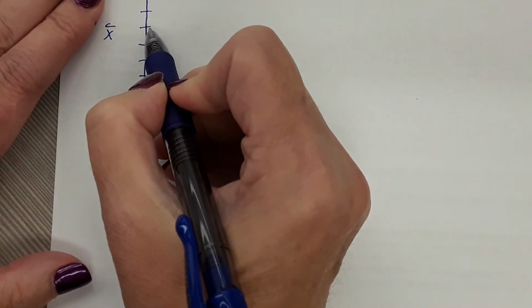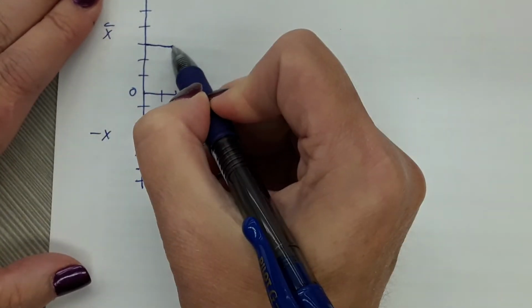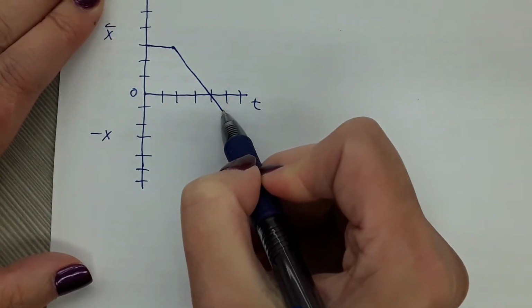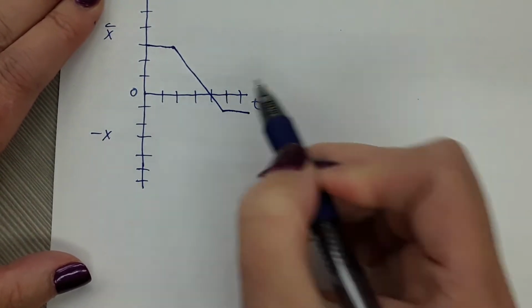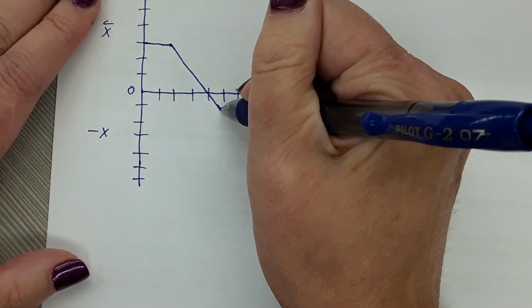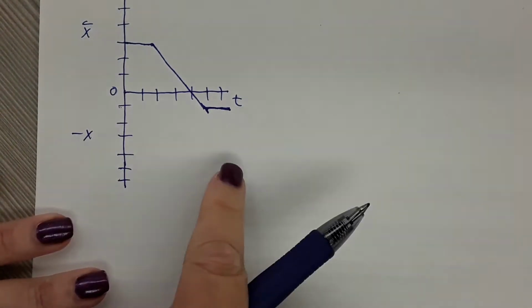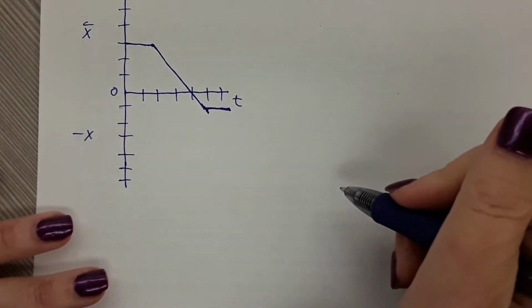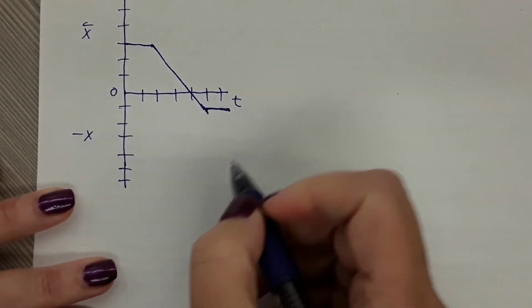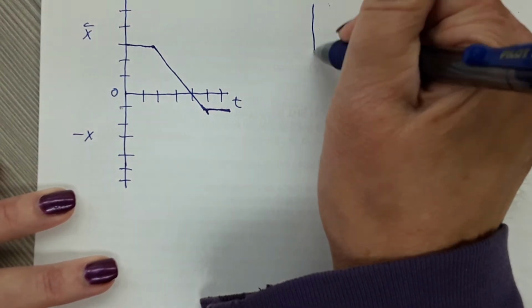Let's say that your position time graph looked something like this. Something like this shape. And what we want to do is plot for these same time periods that motion that exists here on a velocity time graph.